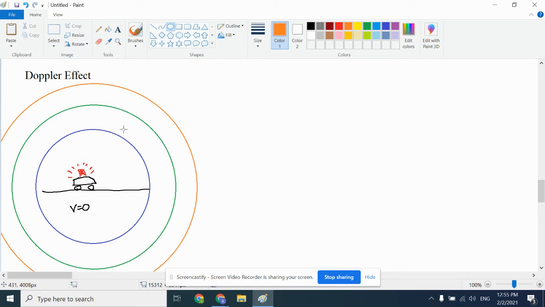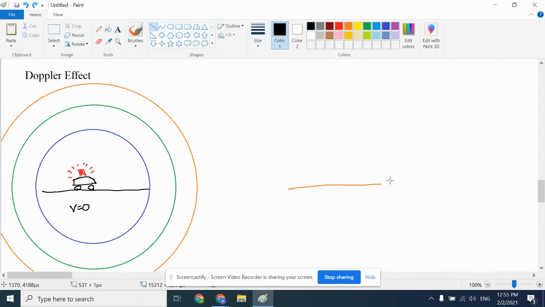Now, let's run through what happens if our cop car starts to move. So, you have the police car. Well, this is frustrating. There we go. Okay, sorry about that.